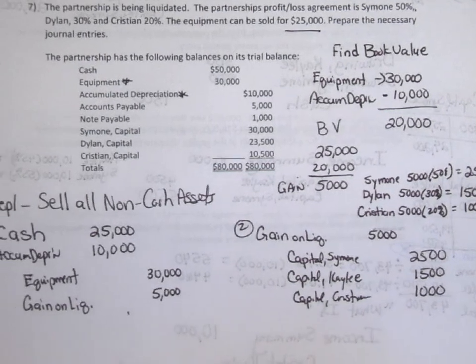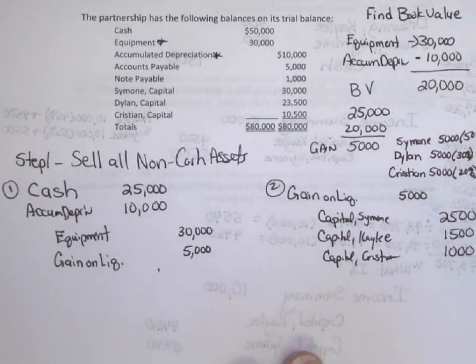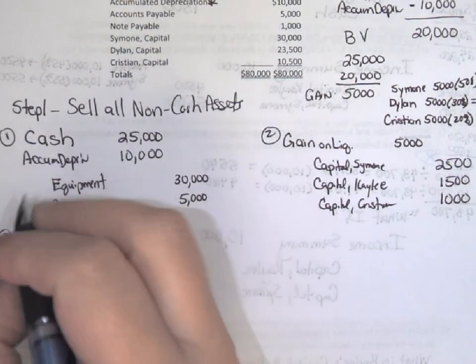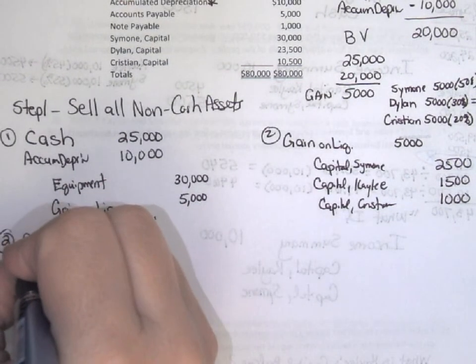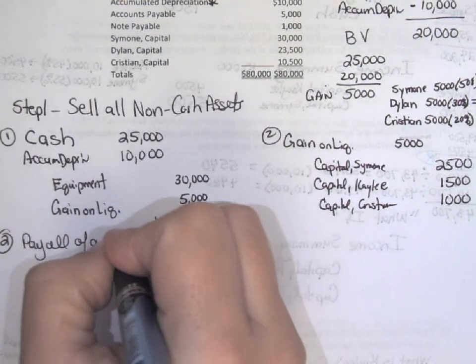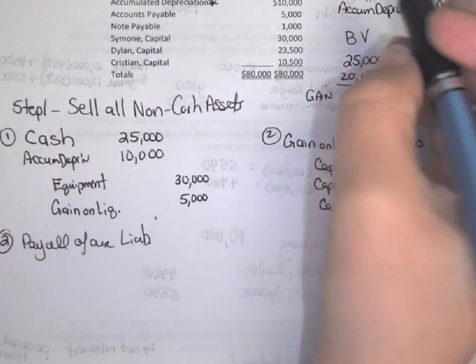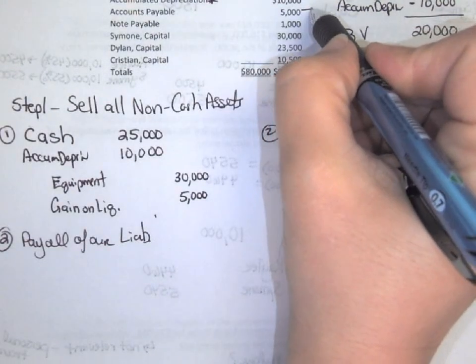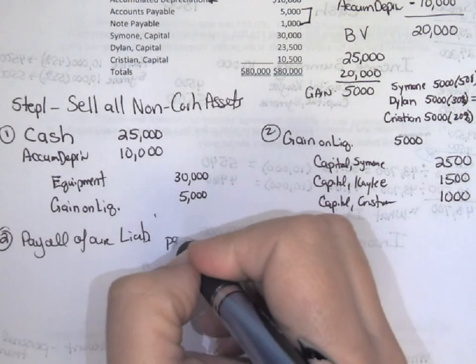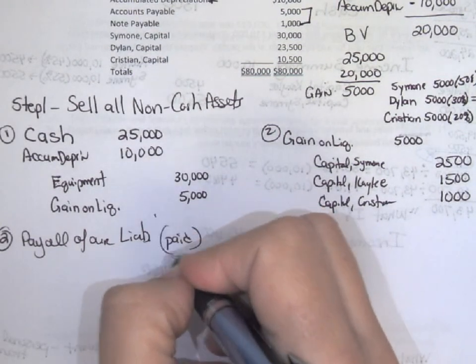So that's step 1. Step 2 looks at, we have to make sure all of our debt's paid. So we need to pay all of our liabilities. We only have 2 liabilities here. We have accounts payable and we have notes payable, and these items are going to be paid, right?